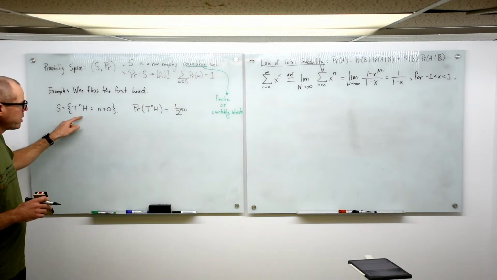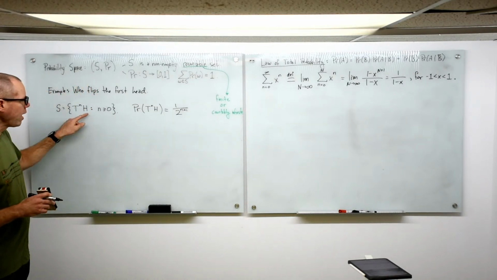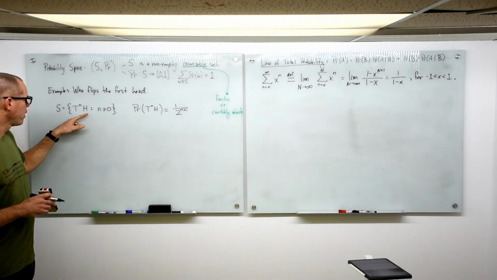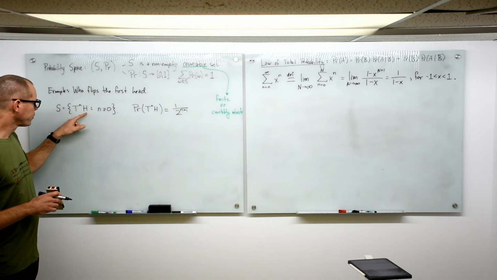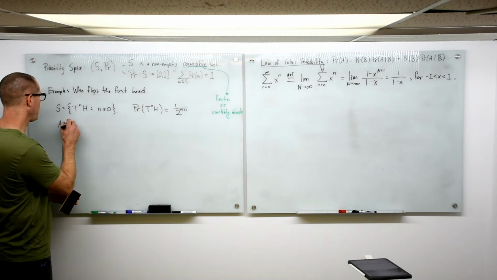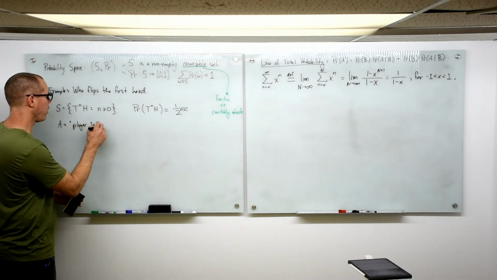But still there's just a sequence of coin tosses that determines the result of the game, and the game is over the first time somebody tosses a head. And so let's define the event A: player 1 wins the game.